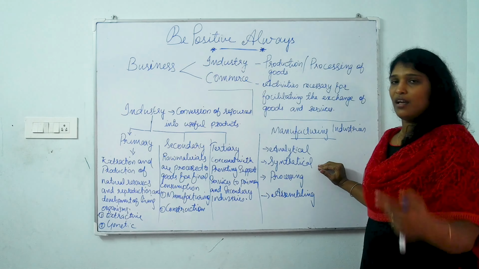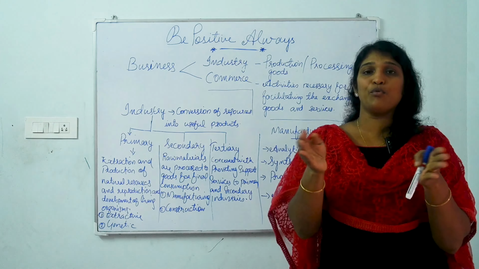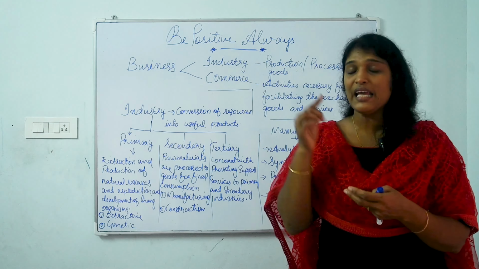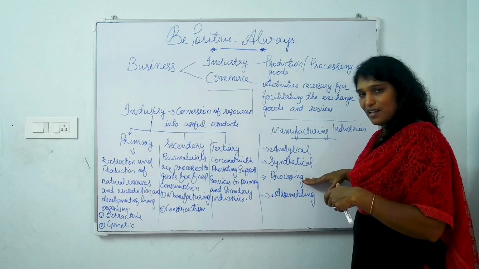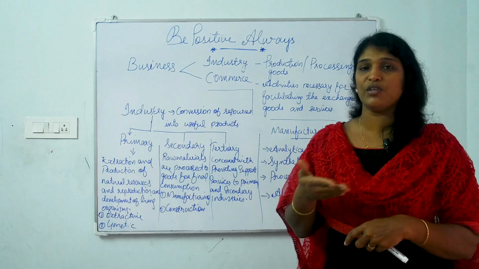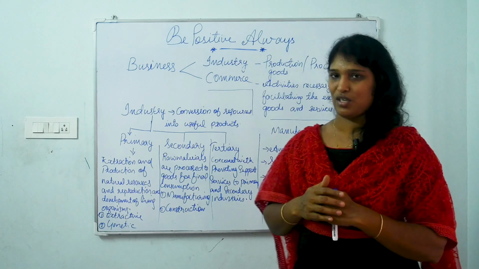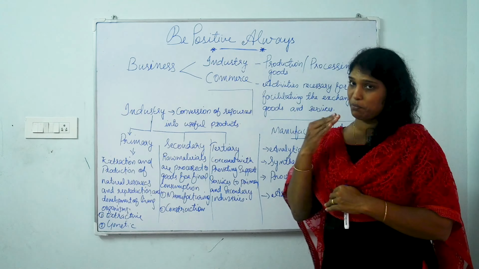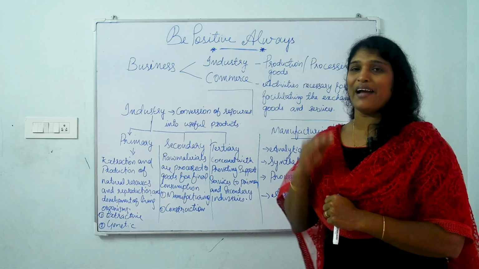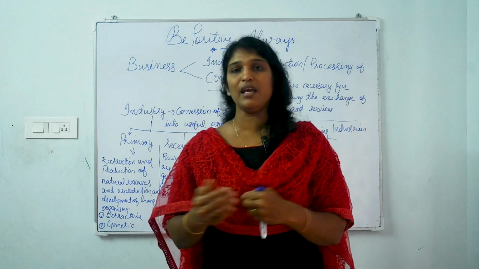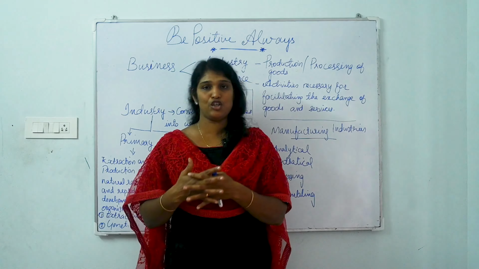Synthetical industry is where various ingredients are put together, joined together, and a single finished product is made. Processing industry is related with activities that require various stages for production, for example the paper production I've told you about. Assembling industry is related with the assembling of various parts together to make a finished product.